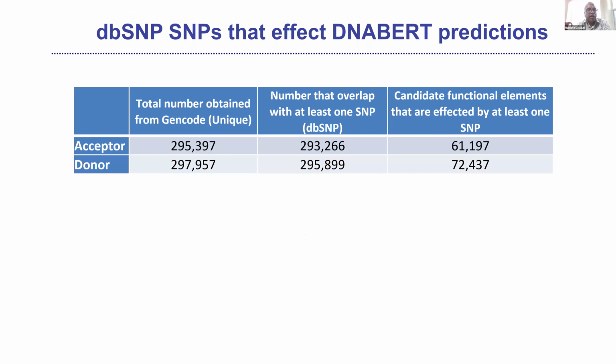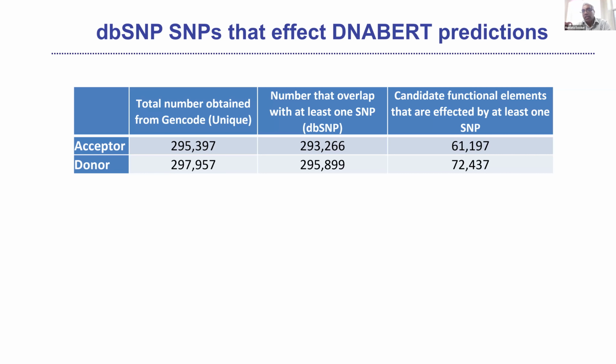So this is a summary of the acceptor and donor sites. Overall, there are 295,397 acceptor and 297,957 donor sites. When we asked how many have a SNP within that region, minus 32 to plus 30, most of these actually have at least one SNP.